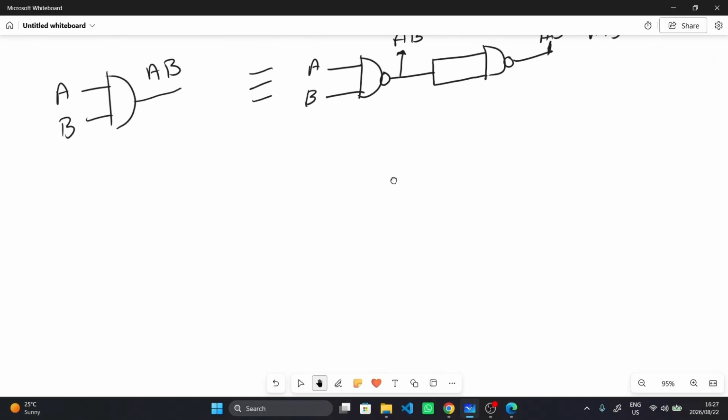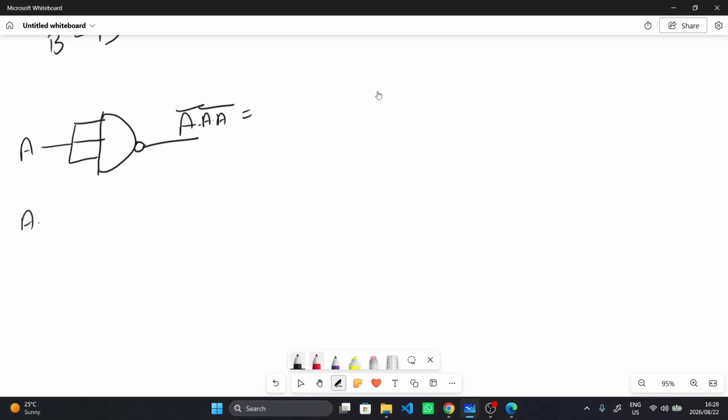And maybe another thing I can show you, it doesn't matter how many input NAND gate you have. Let's say, for example, you have a 3 input NAND gate, and if you connect all the inputs to A, your output is still not A, right? Because this will be just A times A times A, and if you remember, that is still going to be A, right?